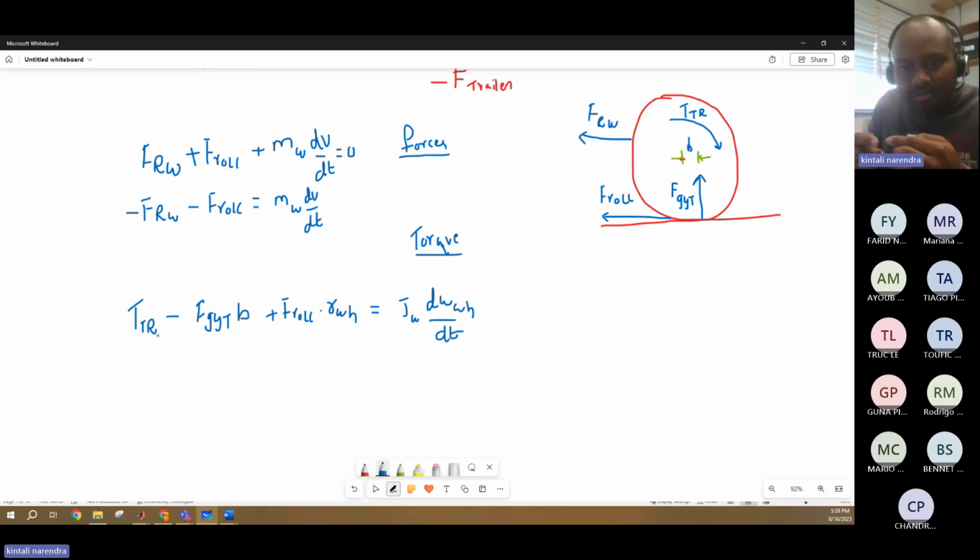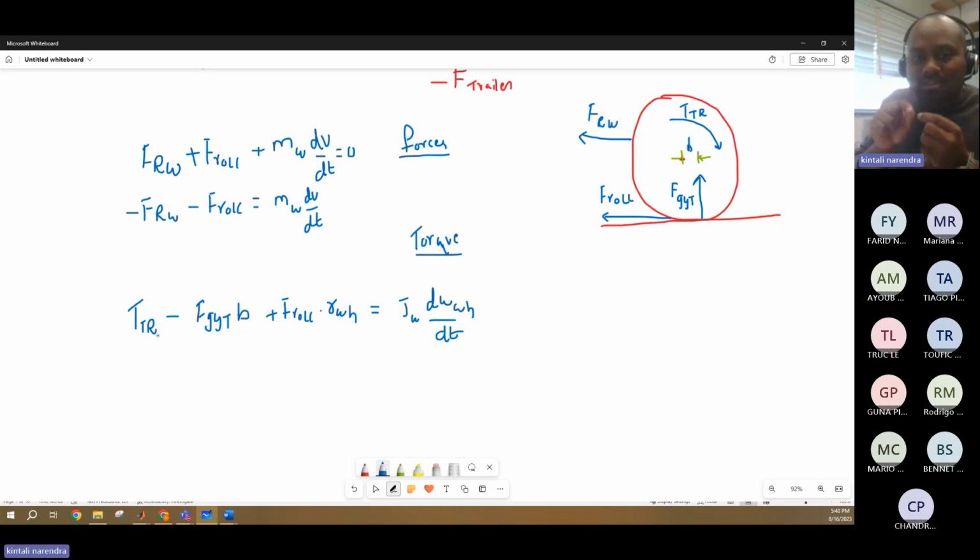As the wheel rotates, the chassis is moving, right? Guys, are you with me? It's not that I am pushing my chassis and also the wheel is rotating. There is only one thing happening, that is the wheel is rotating, and as the wheel is rotating, the chassis is moving.